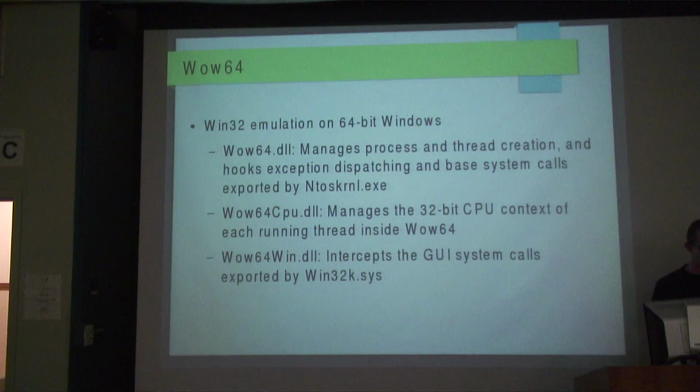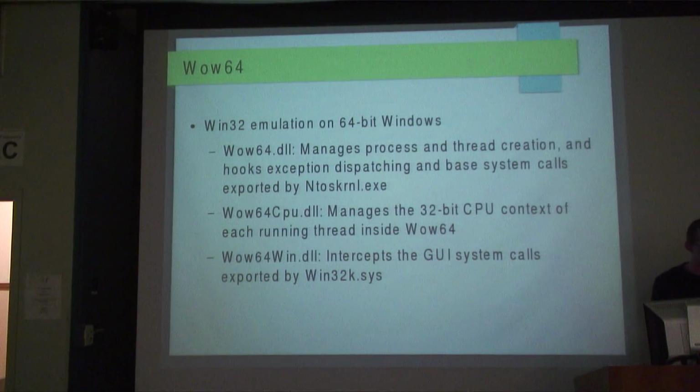So I'm just going to give a little background information on what WOW64 is. On Windows, if you want to run a 32-bit application, you've got to remember that the syscalls are all 64-bit. So this WOW64 is kind of the emulation layer. It's implemented with 3 DLLs. So if you actually run a 32-bit application, these are loaded up.